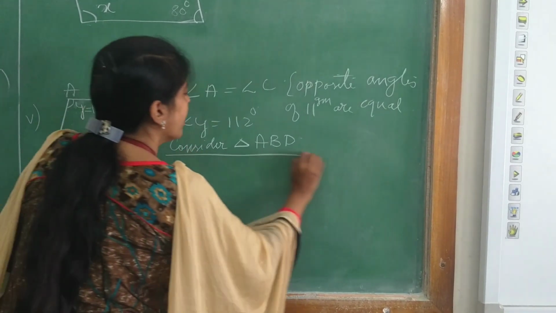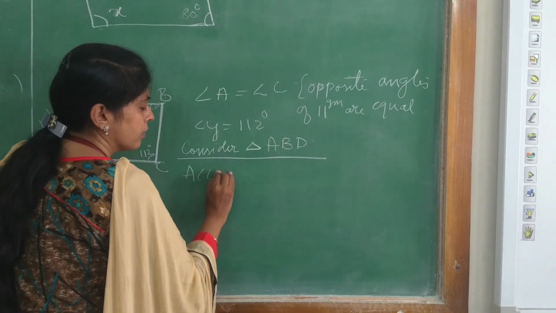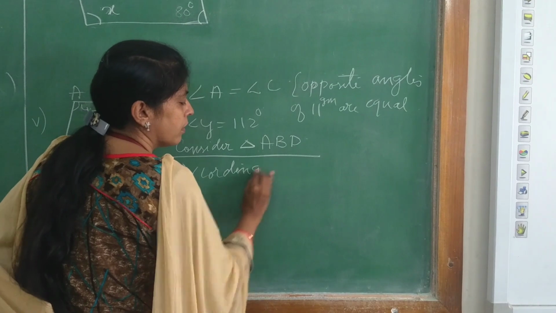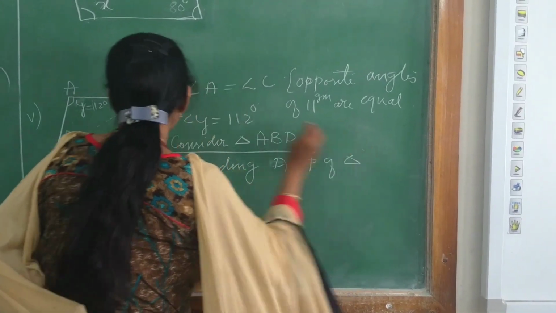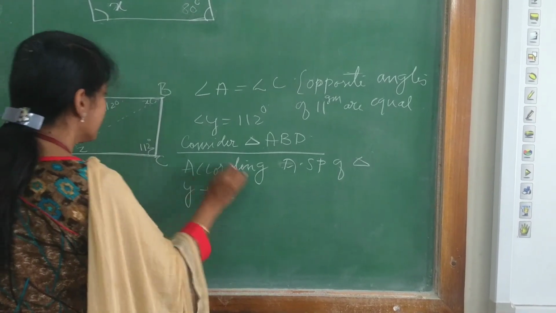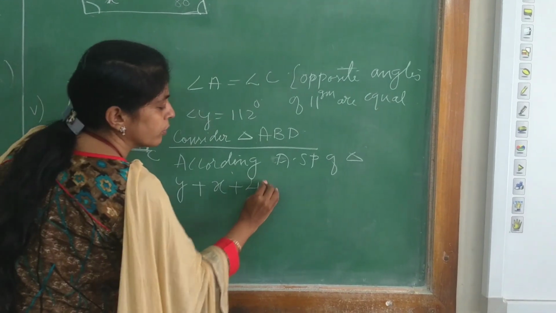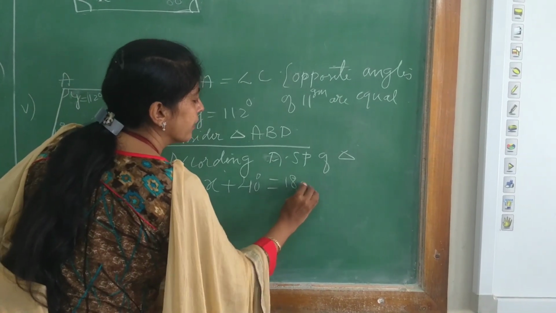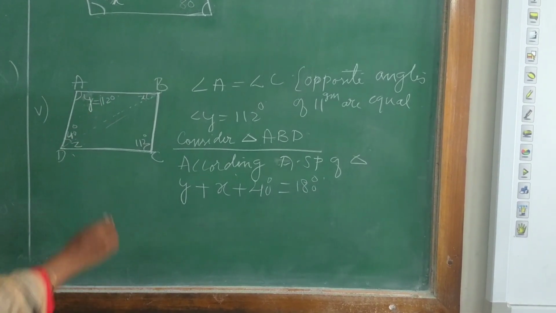So I am considering angle ABD. According to the angle sum property of the triangle, we can write angle Y plus X plus 40 is already known is equal to 180 degrees. As we know, the sum of all the angles of a triangle is equal to 180 degrees.